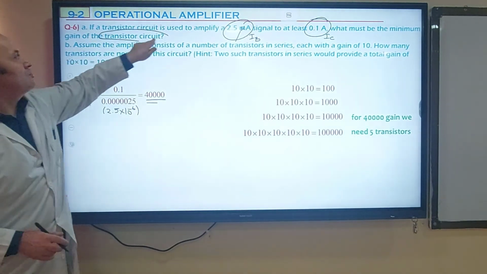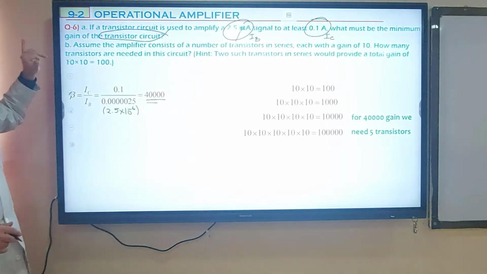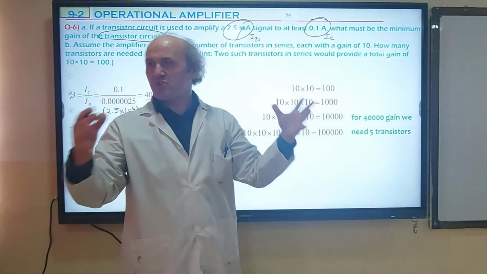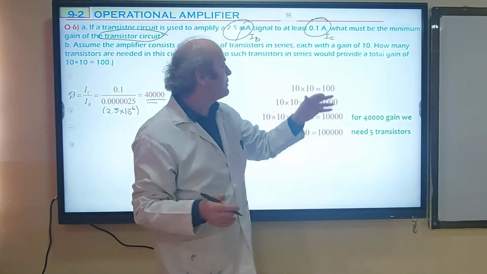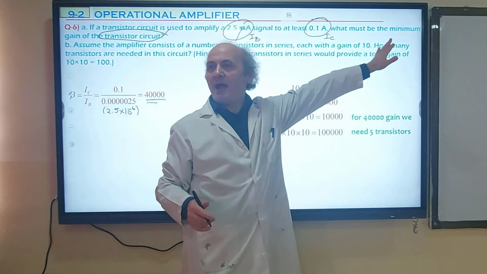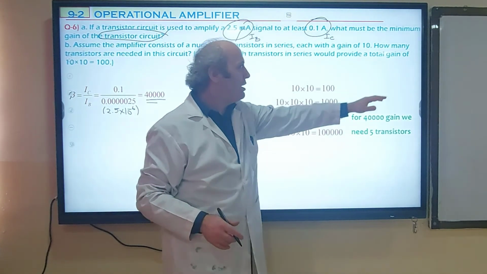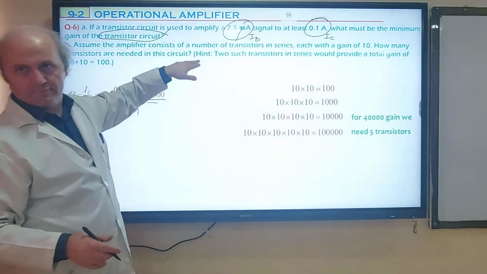40,000 is the current gain of that transistor circuit. Part B is asking: assume the amplifier consists of a number of transistors in series, each with a gain of 10. This time in this circuit, they are connected in series, and each transistor has a current gain of 10. How many transistors are needed in this circuit?